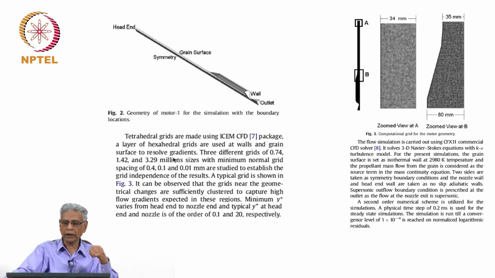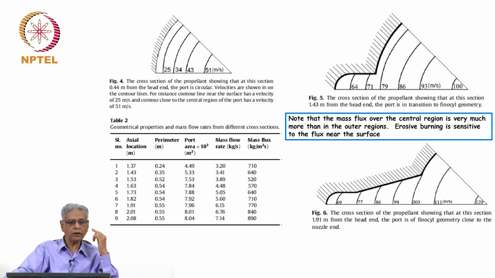And the result of that, you will see, is that the flow velocities inside this portion are very large, and near the outer parts the flow velocities are very small. Over here the velocities are going close to 100 meters per second at the center of the port, but near the wall it comes down quite significantly.